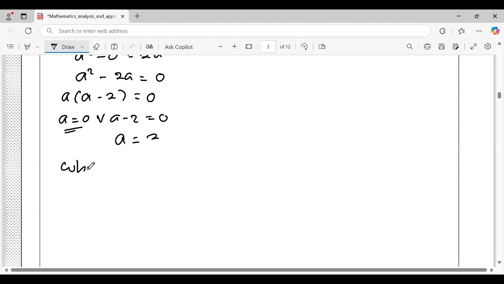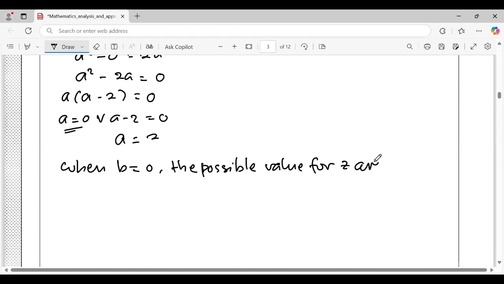So when b equals 0, the possible values for z are z equals 0 and z equals 2.